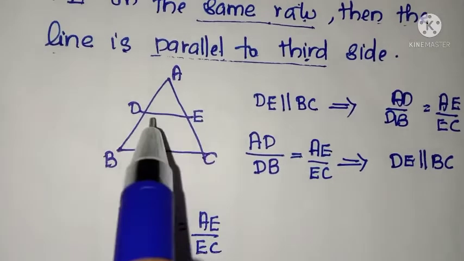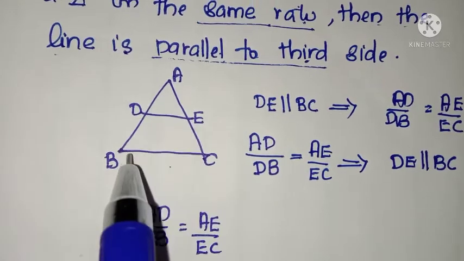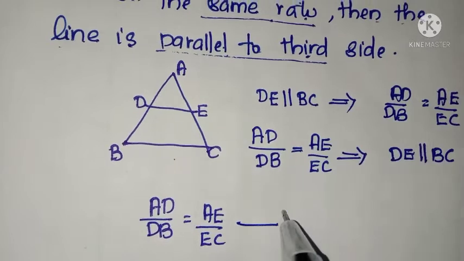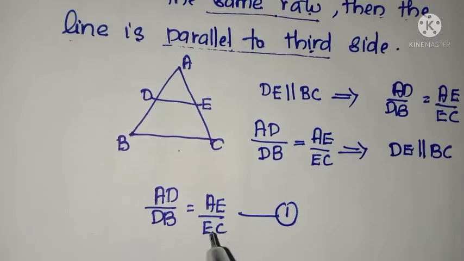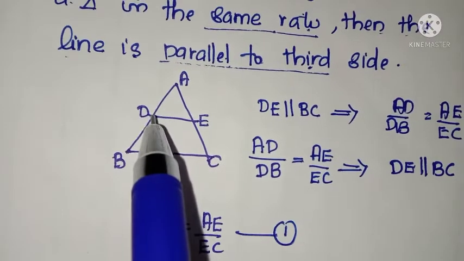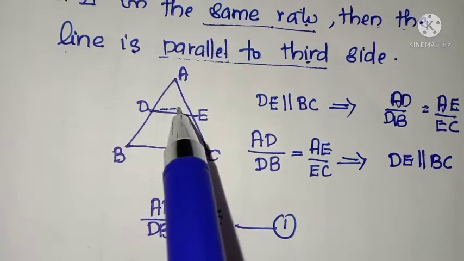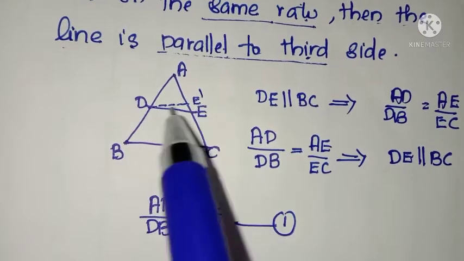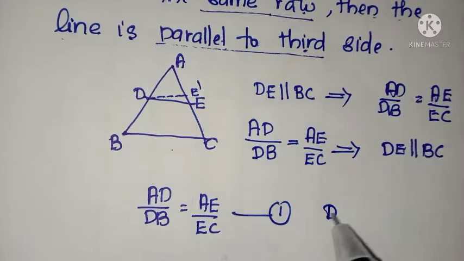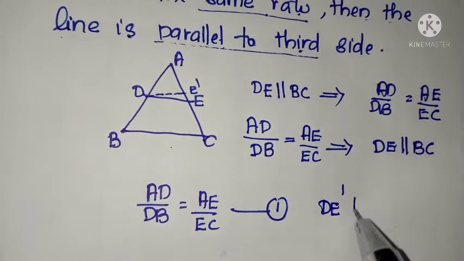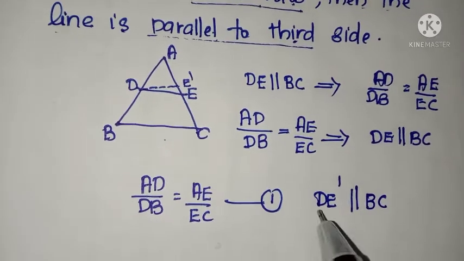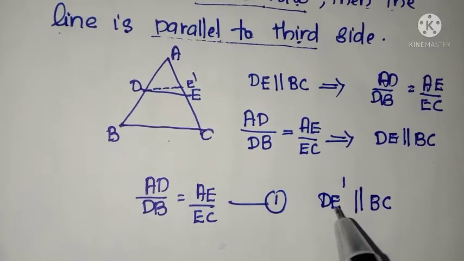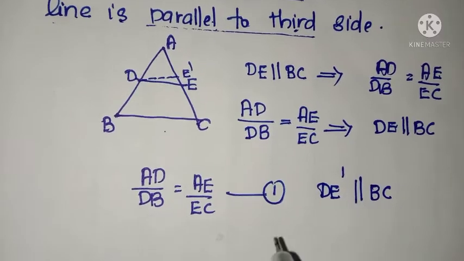DE is any line satisfying this condition. Now draw another line, suppose DE dash, and consider this DE dash is parallel to BC. Just assume the line DE dash is parallel to BC.